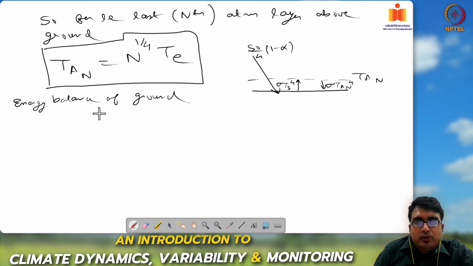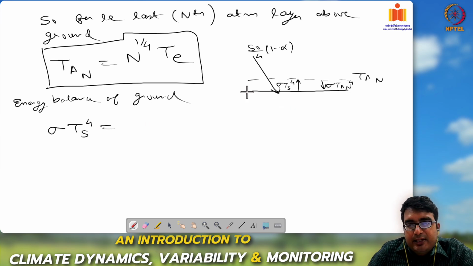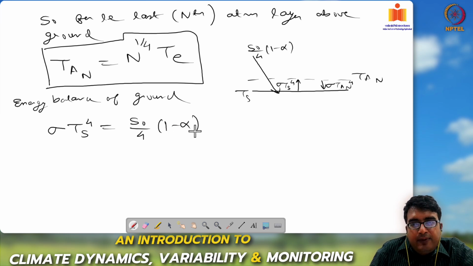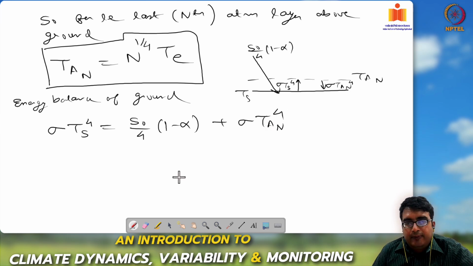Okay. So, net outgoing is sigma Ts to the power 4. Ts is the surface temperature. Net incoming is S0 by 4, 1 minus alpha plus sigma TAN to the power 4. Okay. Now, what is S0 by 4, 1 minus alpha?